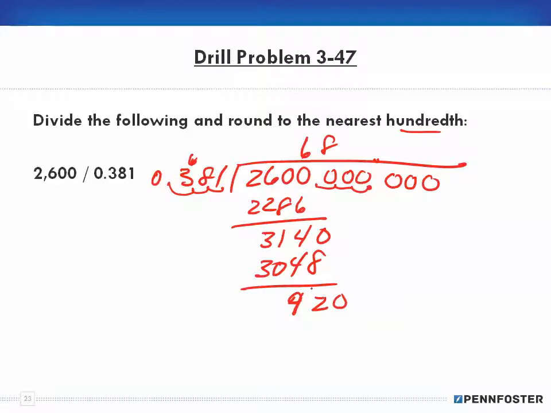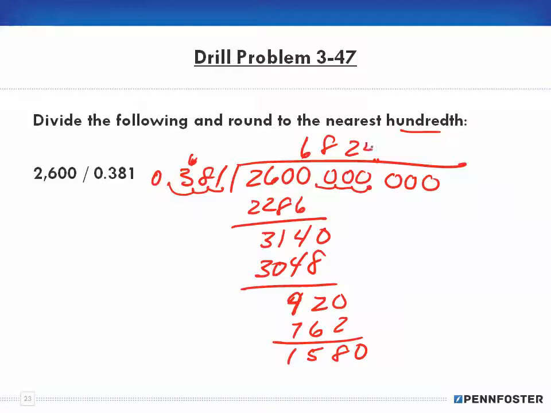Let's see, 381 and the 920, 2 times. That's 2, 16, 7. That's 8. From 11 is 5, 1. Bring down my 0. 3, 4 is 12.